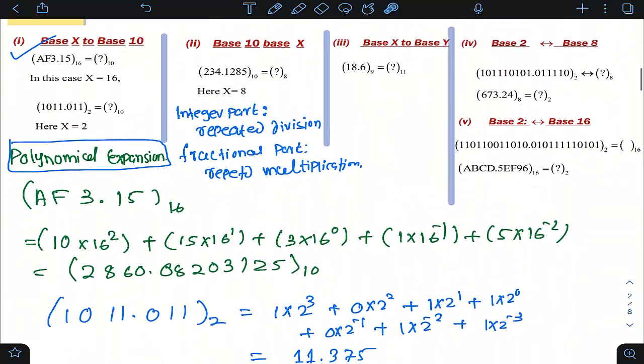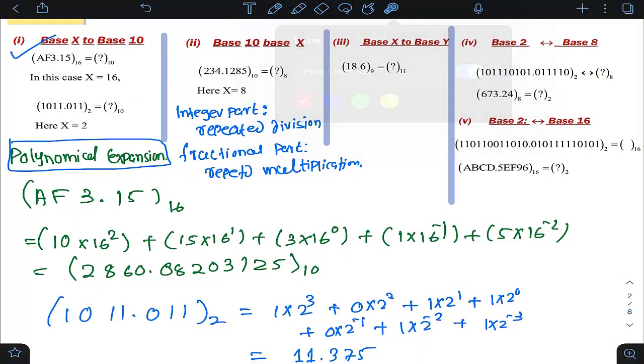Okay, I hope you understood the meaning of base 10 to base x: integer part repeated division, fractional part repeated multiplication. In the fractional part, we go from top to bottom, and in the integer part, we go from bottom to top.